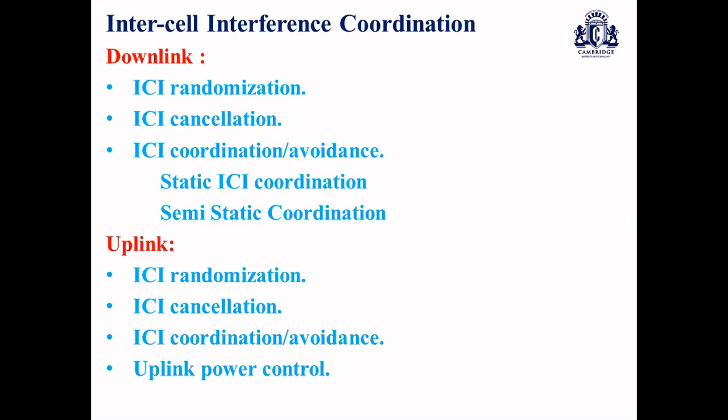Semi-static coordination in the downlink requires reconfiguration on a time scale of the order of seconds. The information exchanged between neighboring eNodeBs can be transmission power or traffic load on the different resource blocks.